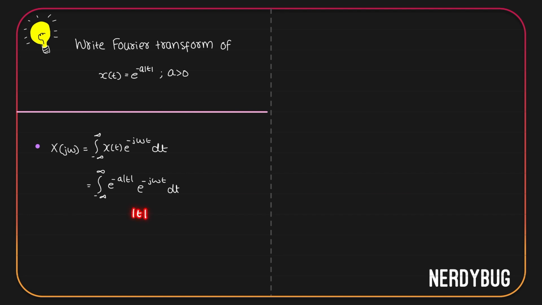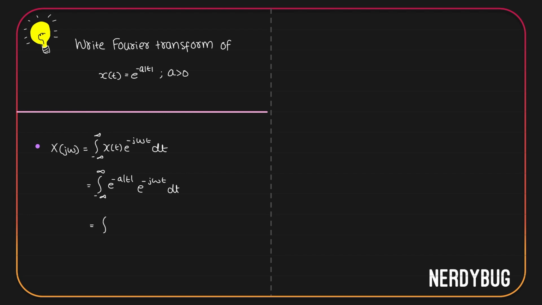We know mod of t is minus t if t is less than 0 and mod of t is plus t if t is greater than 0. So we can split this integration into two, one from minus infinity to 0 and the other from 0 to infinity.